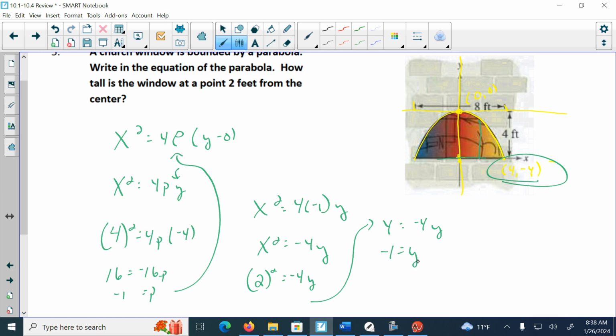So it's going to be 1 foot down from here. So it's going to be 3 feet tall, because the vertex is 4 feet, so it's 1 less than that.